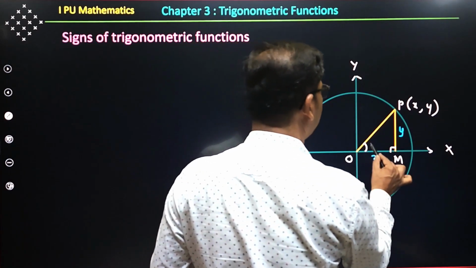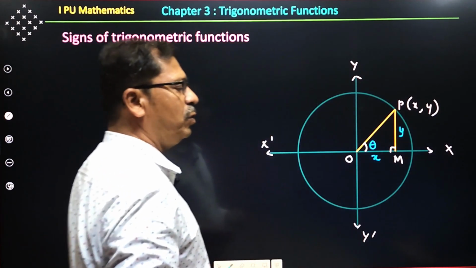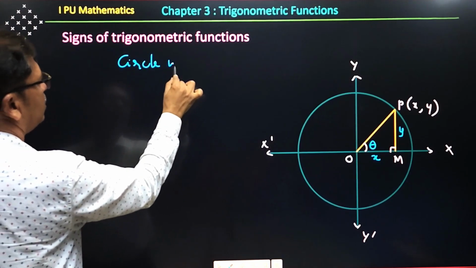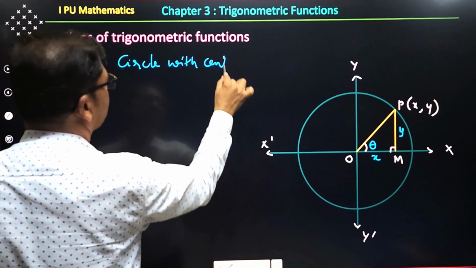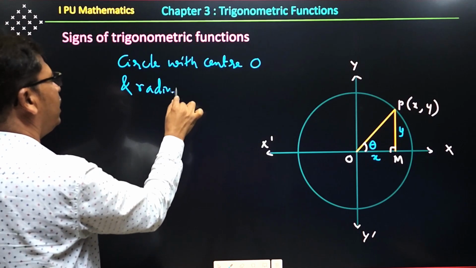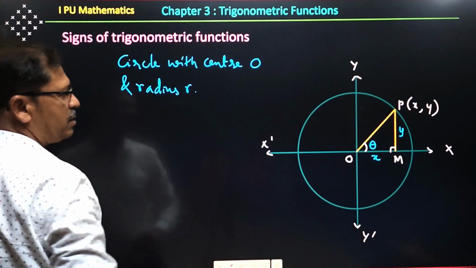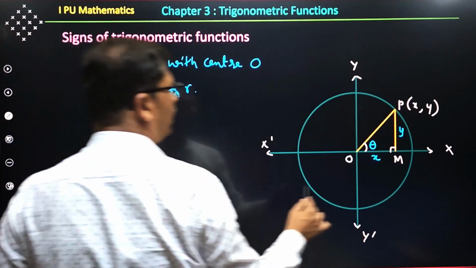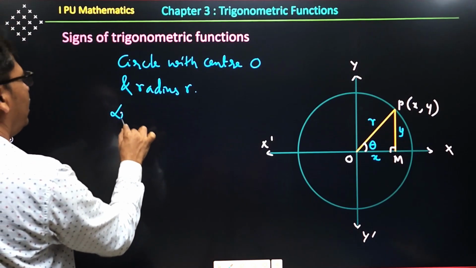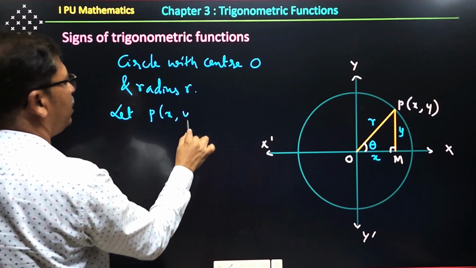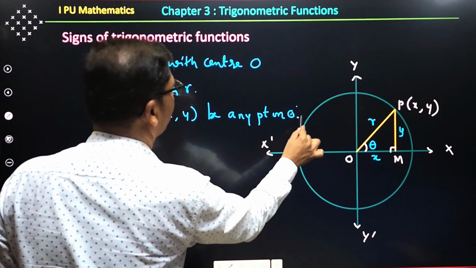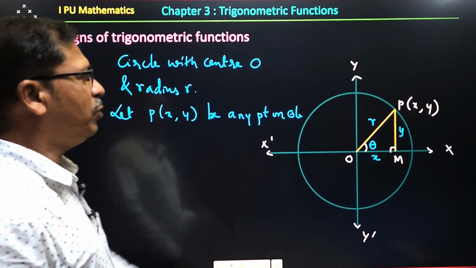Now let me take angle POM as theta. Here is a circle with center O and radius R. Let P(x, y) be any point on the circle.